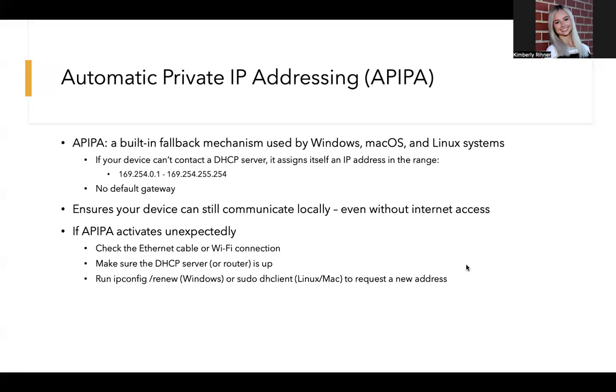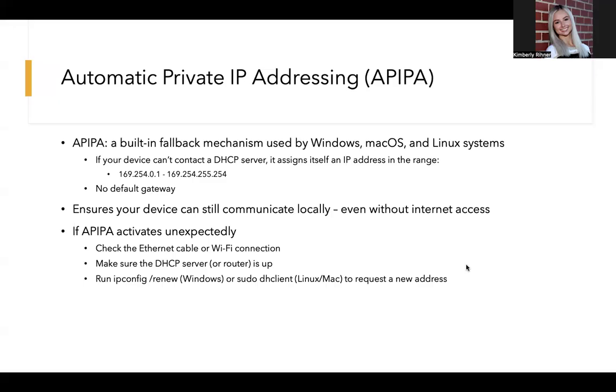In the fourth lesson, we learned automatic private IP addressing, aka APIPA. It's a built-in fallback mechanism used by Windows, Mac OS, and Linux systems. If your device can't contact a DHCP server, it assigns itself an IP address in the range 169.254.0.1 to 169.254.255.254.